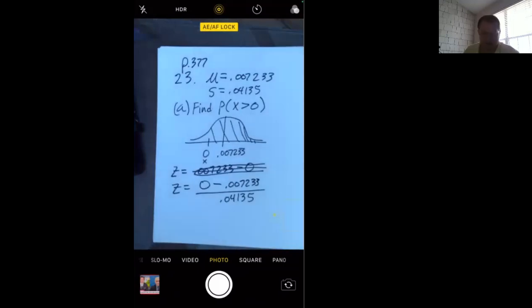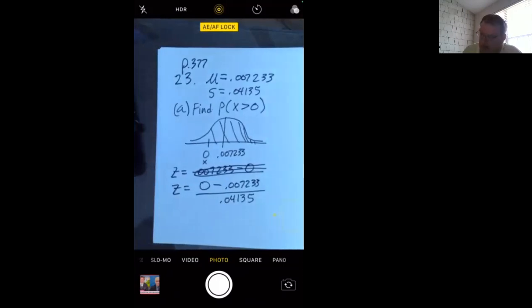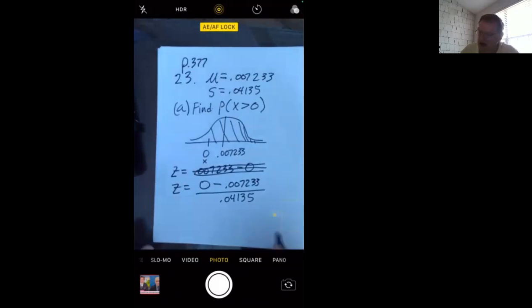So all I really got to do is go negative 0.007233 and divide by 0.04135. And I get negative 0.175. I'll call that negative 0.18. Split off the 8.